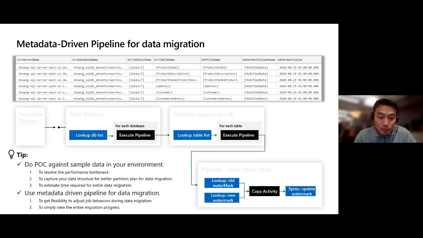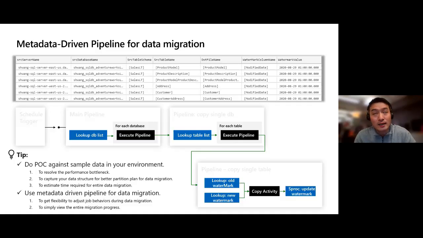At the same time, you understand your data structure through this kind of testing. You can know whether the data you're copying is a huge amount of small files, or just a few big files. The two different data patterns result in totally different ways of copying the data.